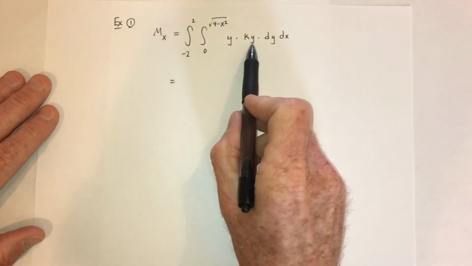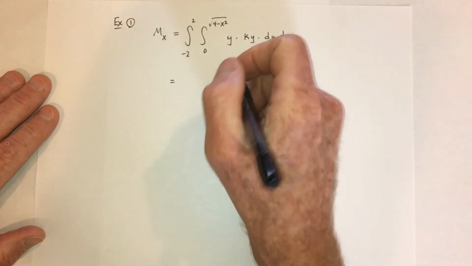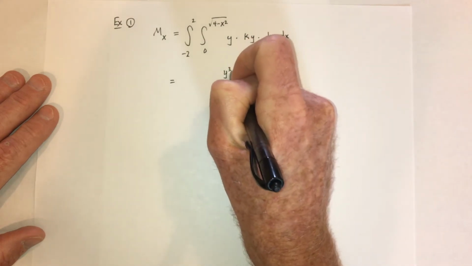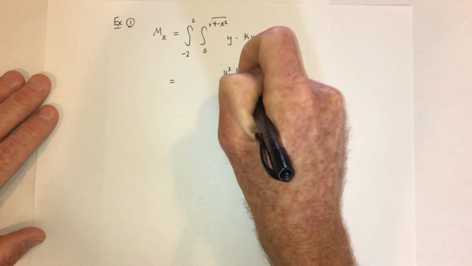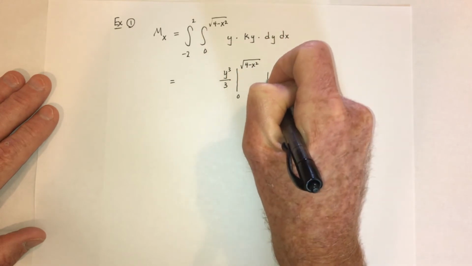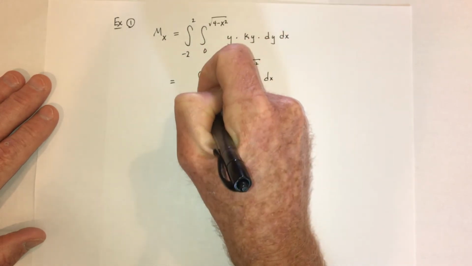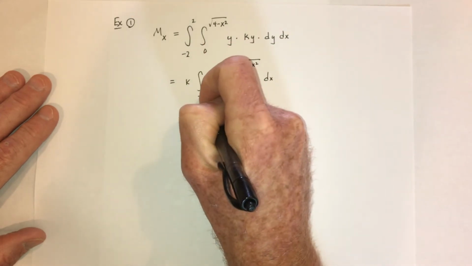So for this one, you put these two y's together, that's going to be y squared. And then integrate y squared, that's y cubed over 3, evaluated from 0 to the square root of 4 minus x squared. And I could factor the k out.